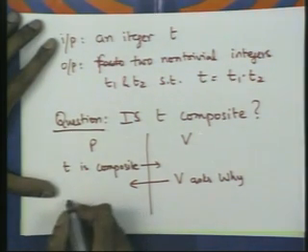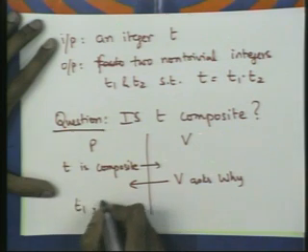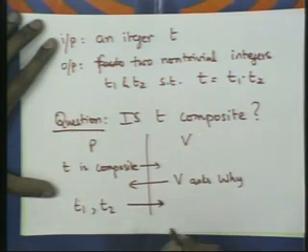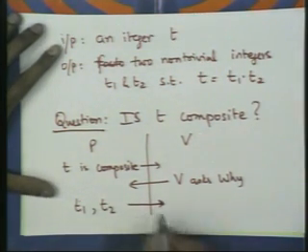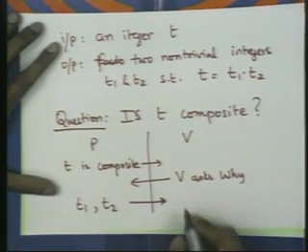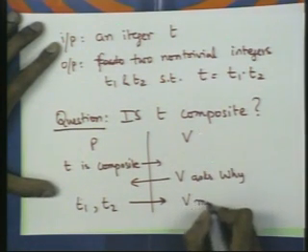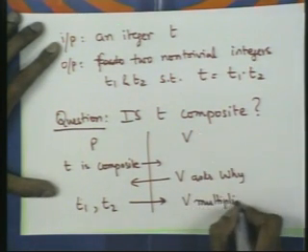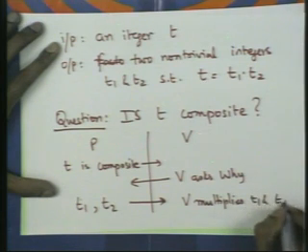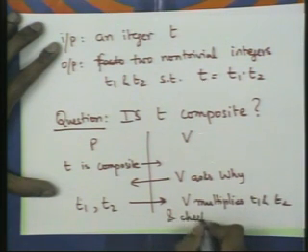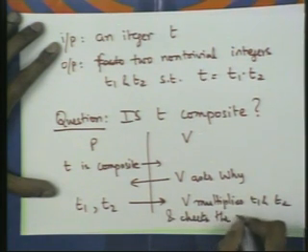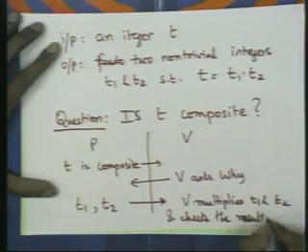So the prover sends T1 and T2 across. Once he sends T1 and T2 across, V multiplies T1 and T2 and checks the result with T. So if it's equal to T, then of course he is convinced that T is composite, and in fact T1 and T2 are two factors.